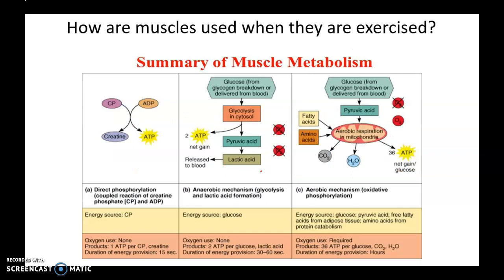All right. Now, students often ask me, Rupa, how are our muscles used when they're exercised? Okay, let's imagine you stepped on the treadmill at the gym and you start to run. Now, there is a finite amount of ATP in your muscle cells. As you exercise, you quickly consume that, right?